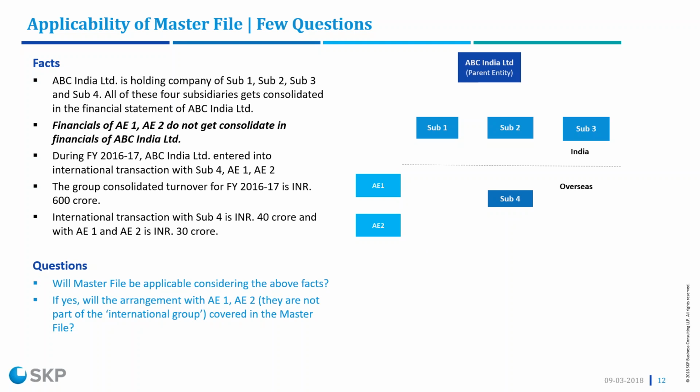and whether to report that in the master file or not is a debatable question. Second is, even if I do disclose this in the master file, how does it impact my CbCR? Because to me, master file and CbCR go hand in hand. While one gives a qualitative description, the other gives a quantitative description. So if I do incorporate the transactions with the AE in the master file, will I then necessarily need to incorporate it into CbCR? So again, it's a question mark.